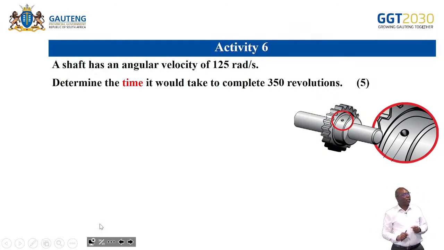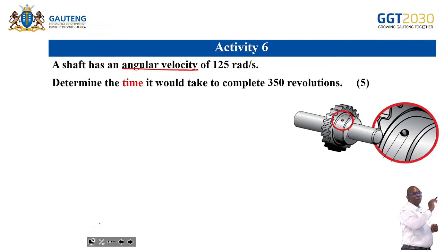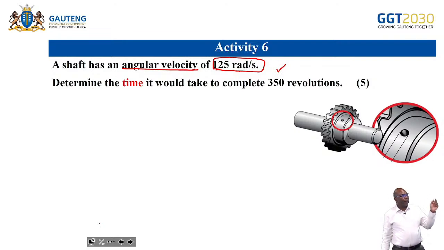Now, the next activity, we'll do this together. It says a shaft has an angular velocity. You see, underline every concept that you have there. So a shaft has an angular velocity of 125 radians per second. So you see here, you are given the angular velocity.